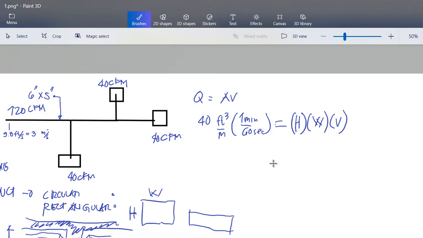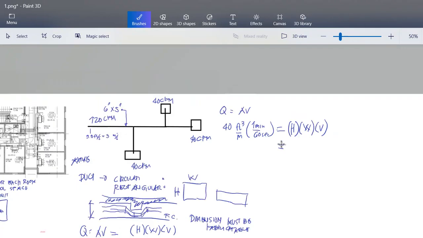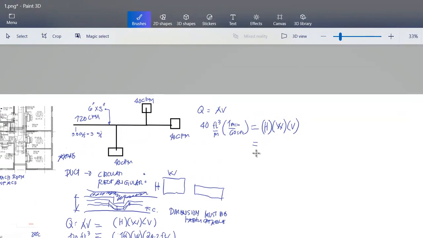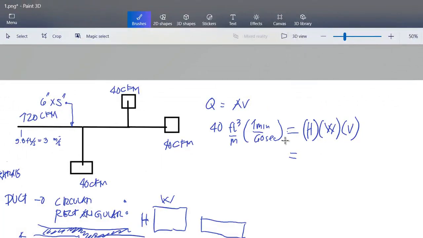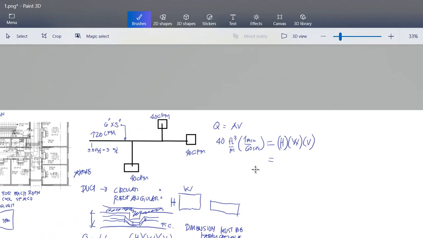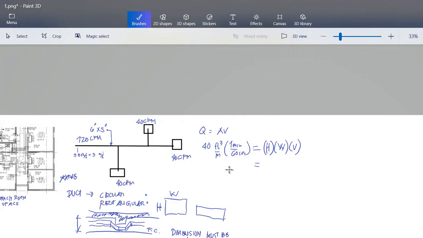So kung ano ba 6 inches and 5 inches, so we can assume a given height of, let's say this is 4 inches by 4 inches.